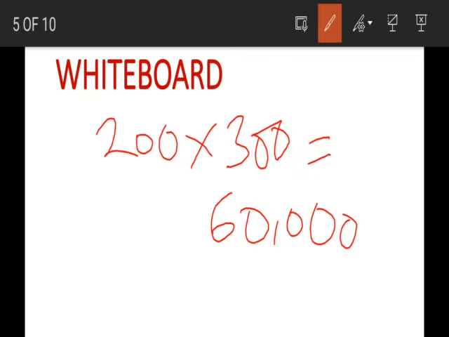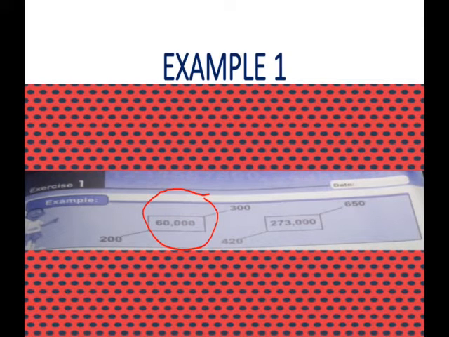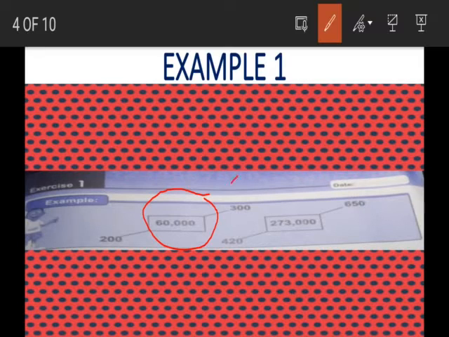Now, assuming 300 was not given, how will you get your 300? It is also simple. What you do is 60,000 divided by 200. 60,000 divided by 200 will give you 300.